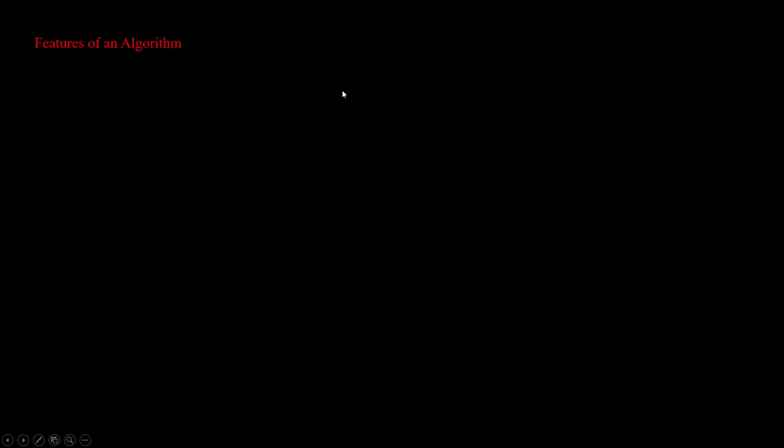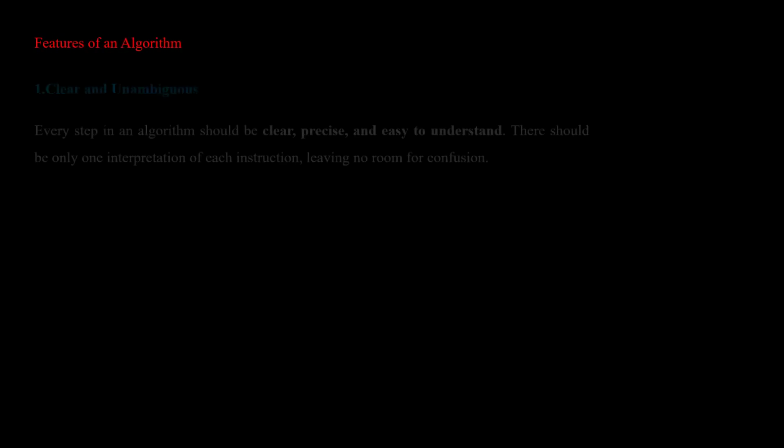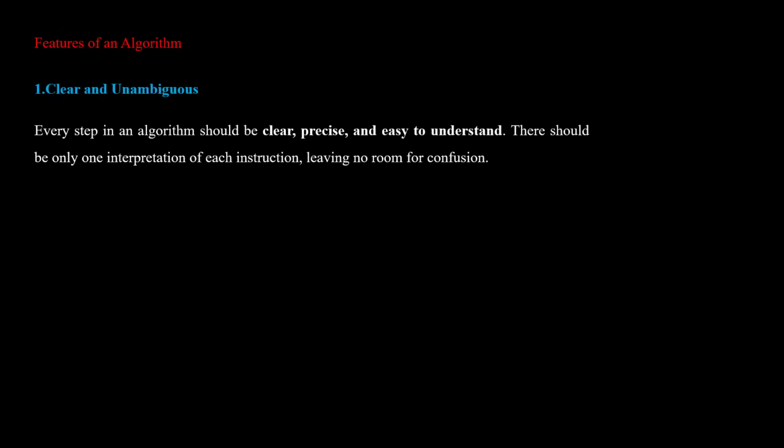So the next thing we are going to discuss is the features of an algorithm. The first feature is clear and unambiguous. Clear and unambiguous means the input we are giving to the algorithm needs to be given in a clear manner, without any confusion.